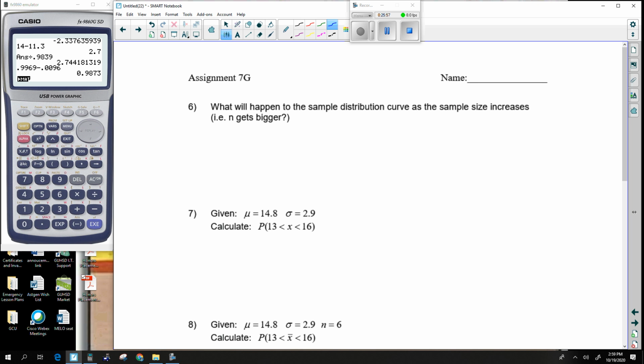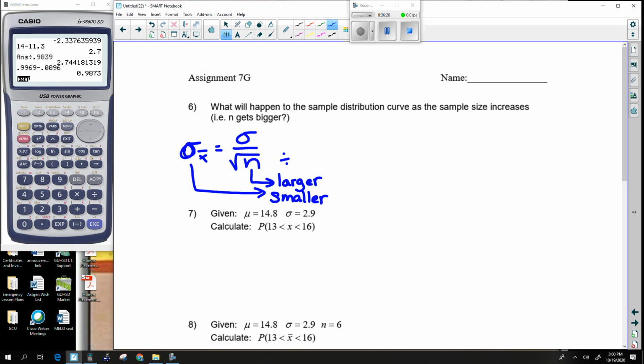What will happen to the sample distribution curve as the sample size increases? All right, so this is this problem right here. And what is happening? Well, the sample size, the n, is getting larger. So again, n is a division number. So if I divide by a larger number, my answer is going to get smaller.